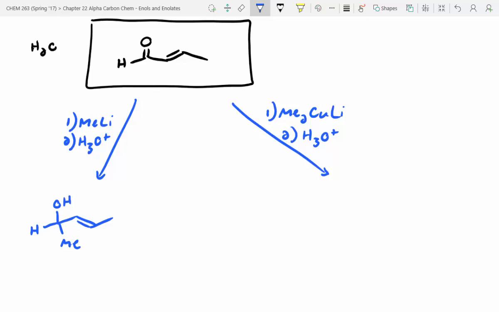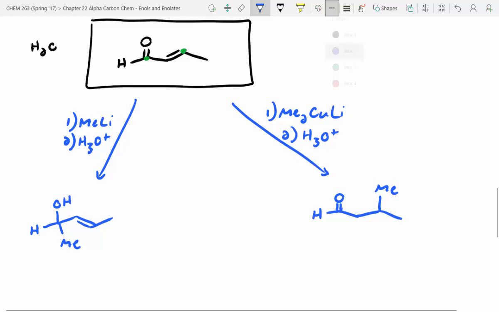Does that make sense? And then with the other one, we're going to attack the 1,4 position. So that's the 2, 3, and then over here we'd have our 4. And that would be our addition product.